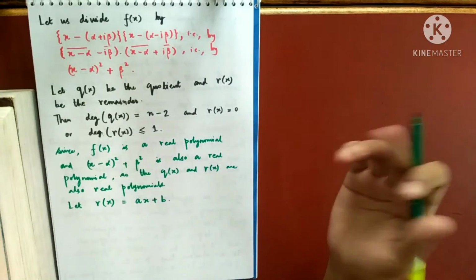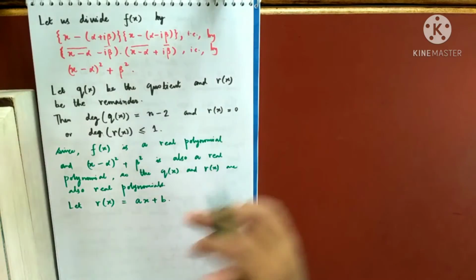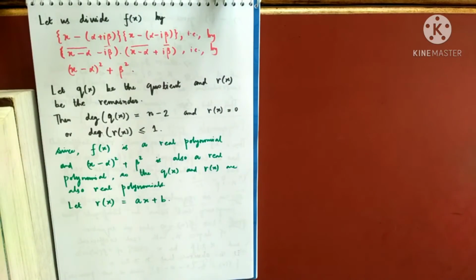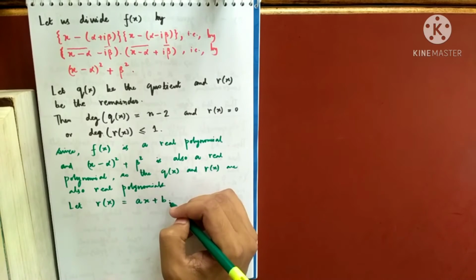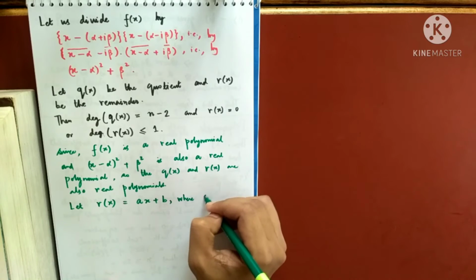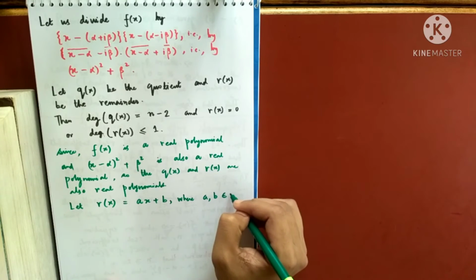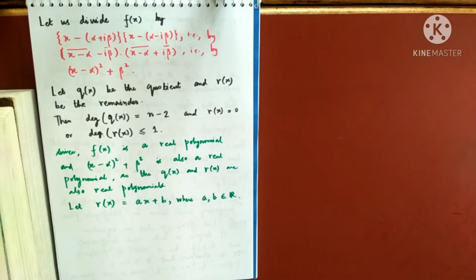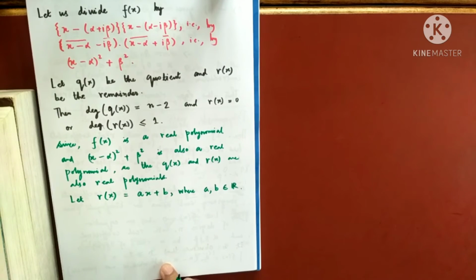And if a and b both become 0, r(x) becomes 0. So in general, let's assume r(x) to be ax plus b, and we'll determine the values of a and b. One thing to note: because this is a real polynomial, a, b both belong to real numbers.